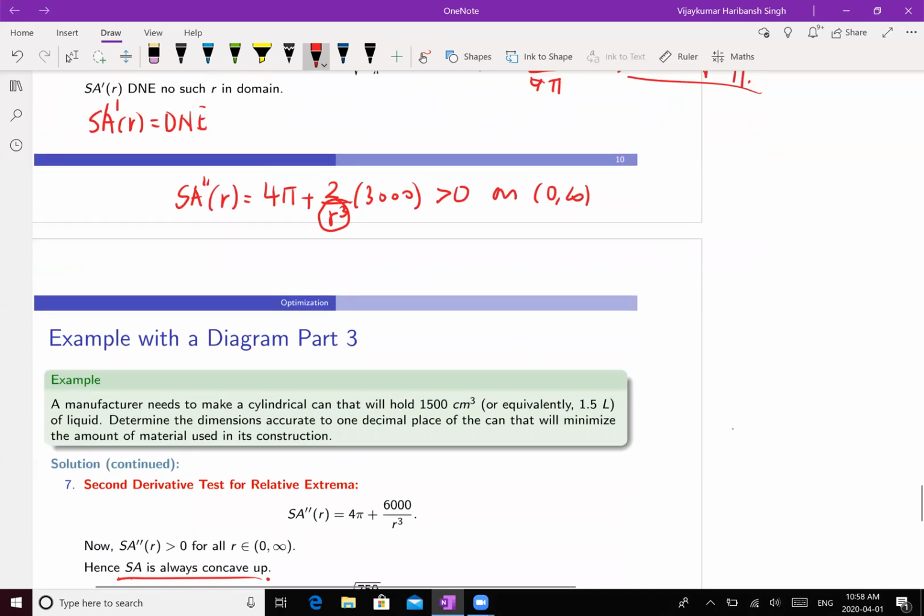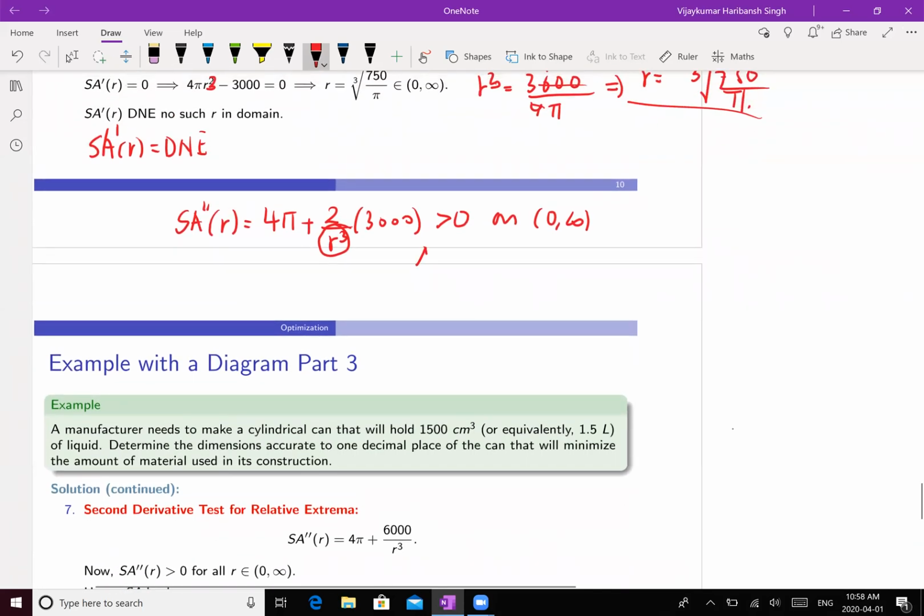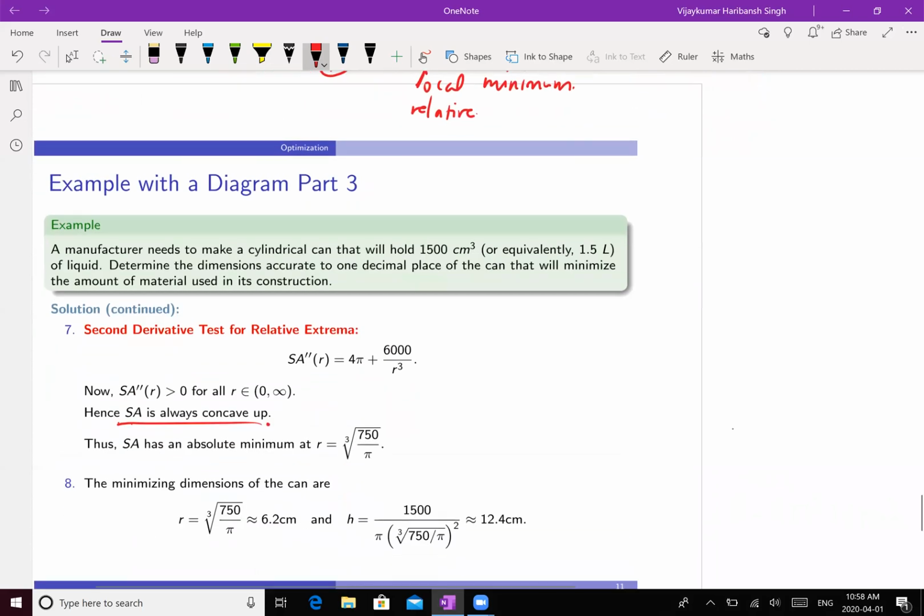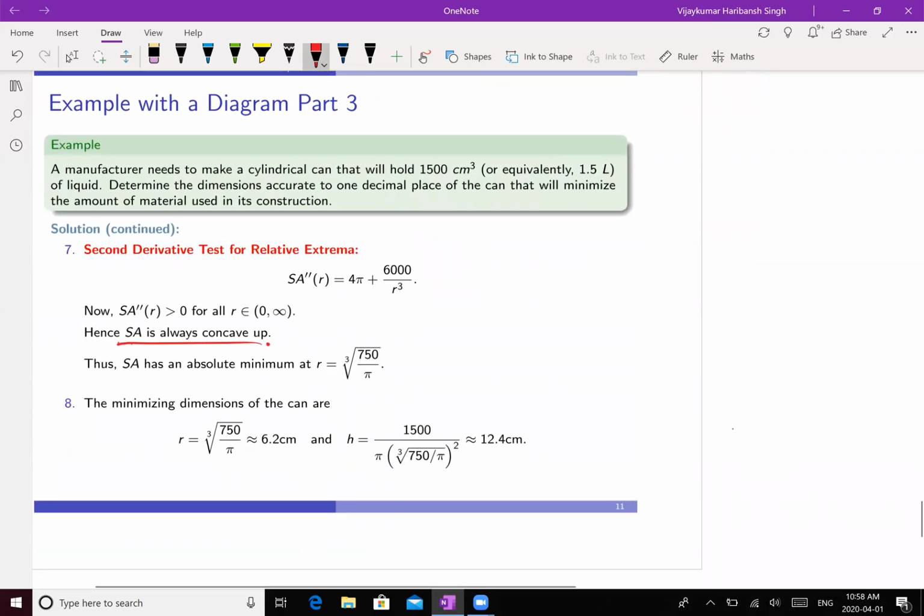Because second derivative greater than 0 means it's a local minimum or relative minimum, whatever you want to call it. They are the same thing. And since it's always concave up, this critical point gave you the relative as well as the absolute minimum.